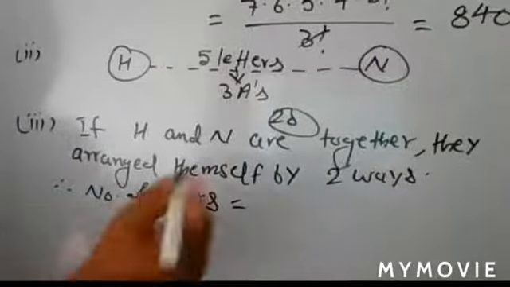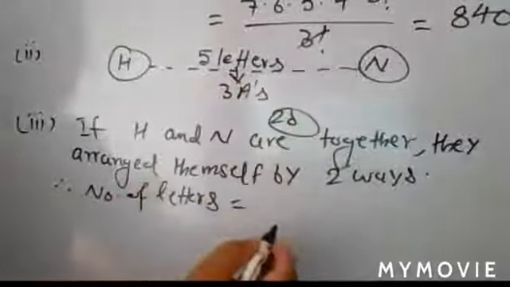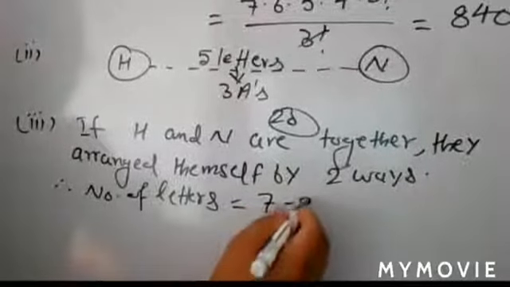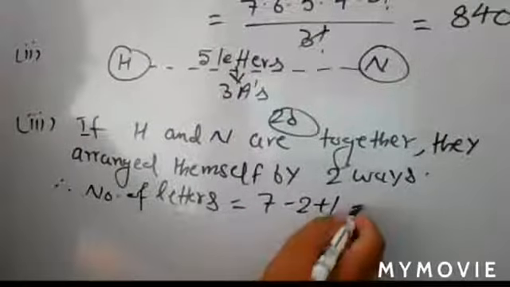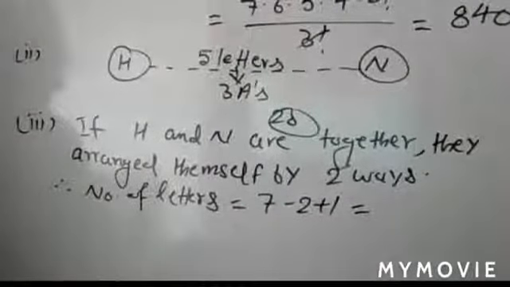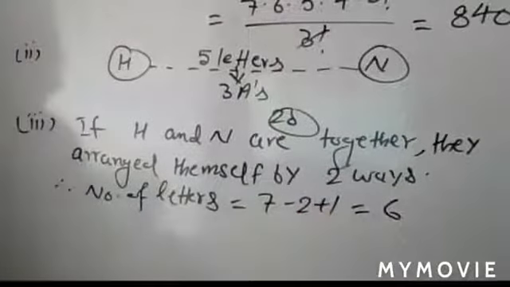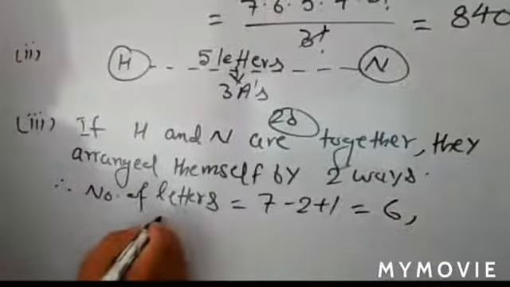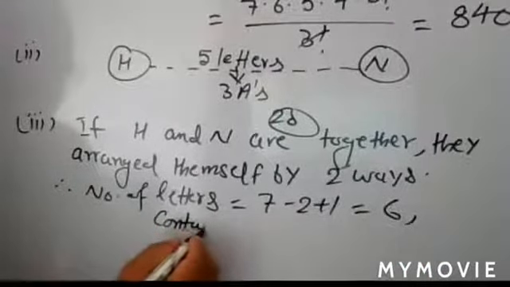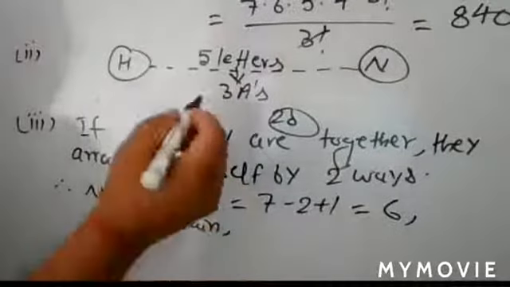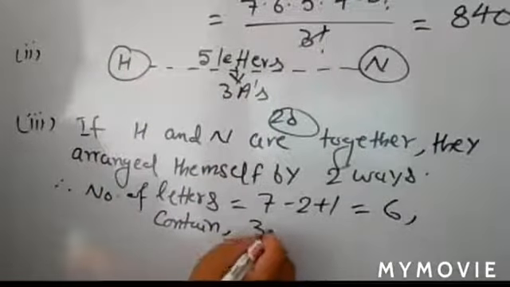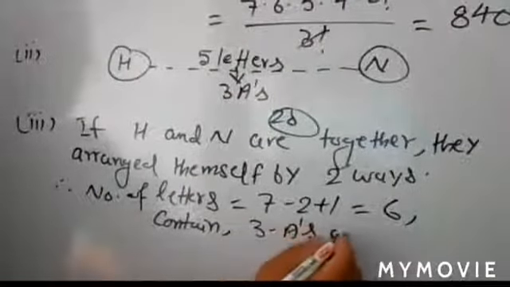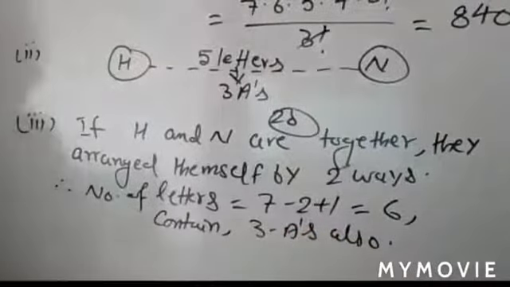So just see, the total number of letters here is 7 minus 2 plus 1. How many letters are there? You have 6 letters, and these 6 letters contain 3 A's also.